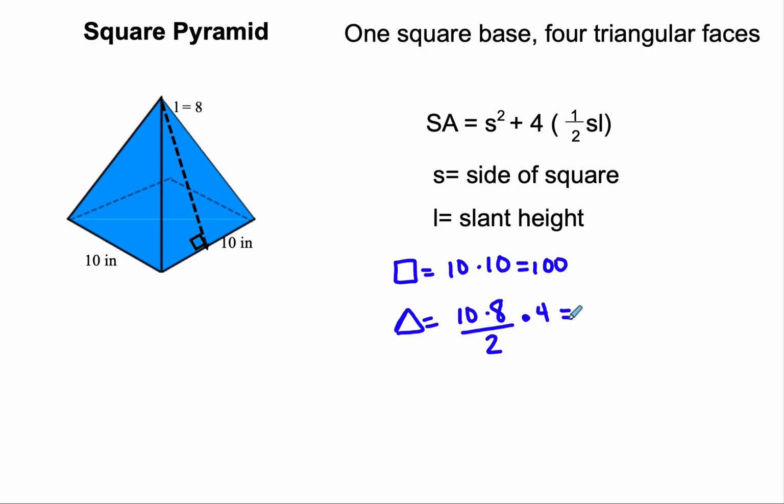All right, so let's see. 10 times 8 divided by 2 times 4 equals 160. Then my last step is to add my two answers together. So 100 plus 160 gives me a surface area of 260, and then that is going to be inches squared.